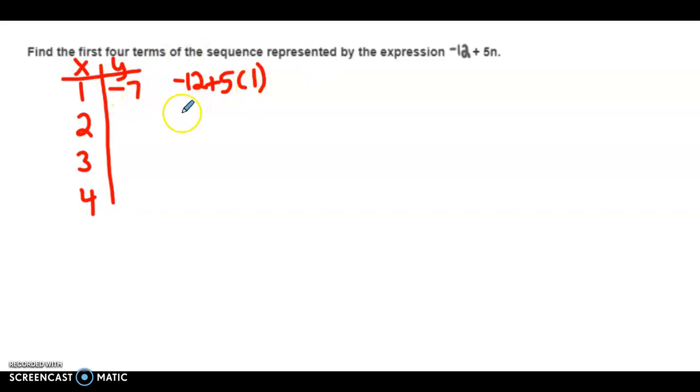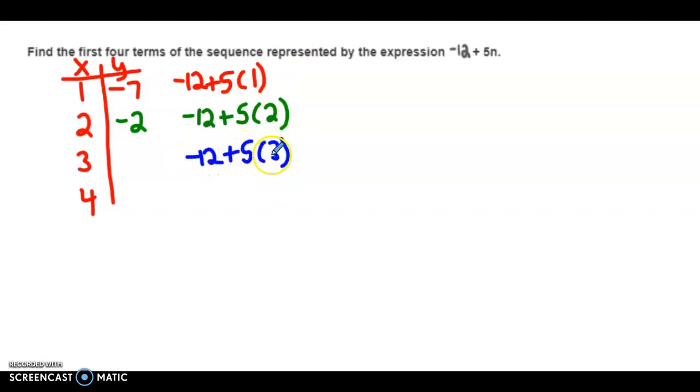And then I'm going to do the same thing, but instead of plugging a 1 in, I'm going to plug a 2 in because now I'm finding the second term. 5 times 2 is 10, negative 12 plus 10 is negative 2. Then I do the same thing, but this time I'm going to plug in a 3. 5 times 3 is 15, minus 12 is 3.